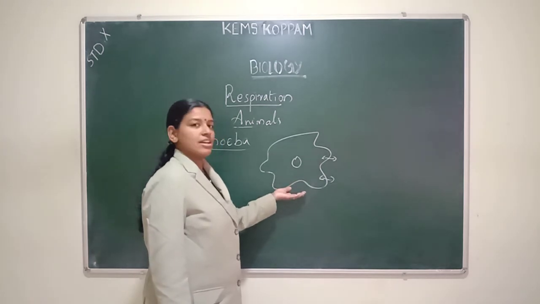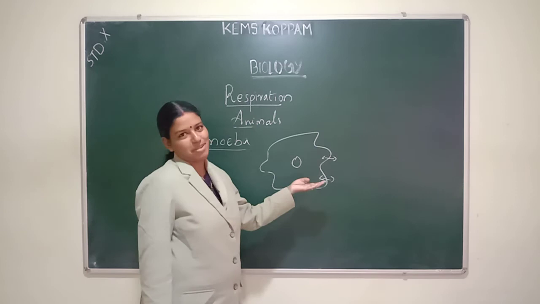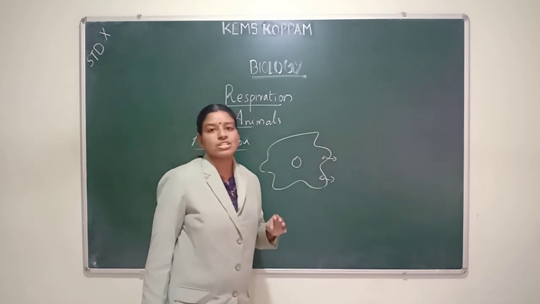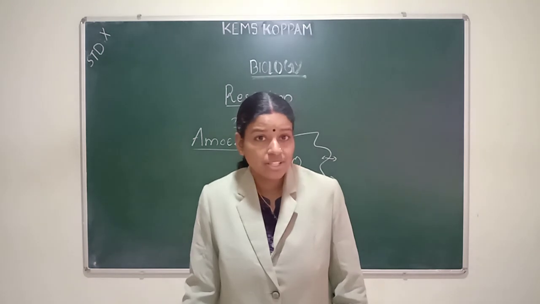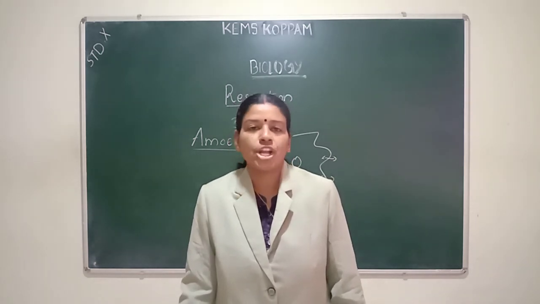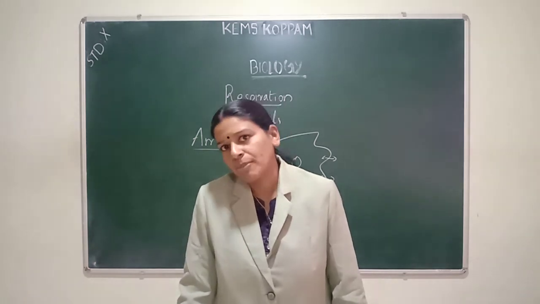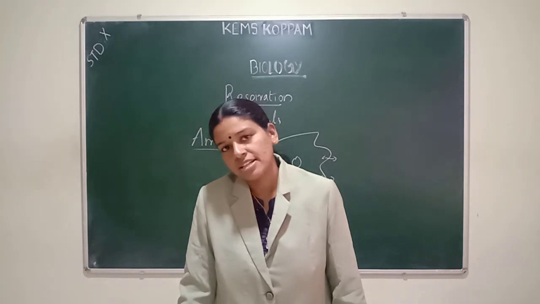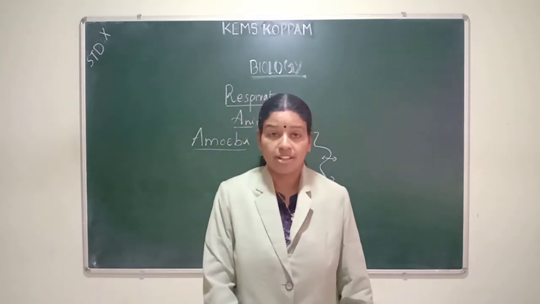So very fast exchange of gases takes place. So in amoeba, the process is diffusion. Simple. Understood? So I told you about respiration in plants and an introduction about respiration in animals. I told about fishes. Then what about frog? Like that, amoeba. Hope this is clear to you all.